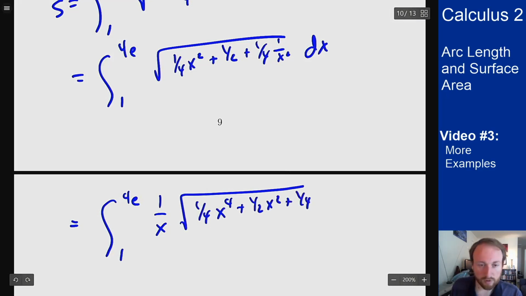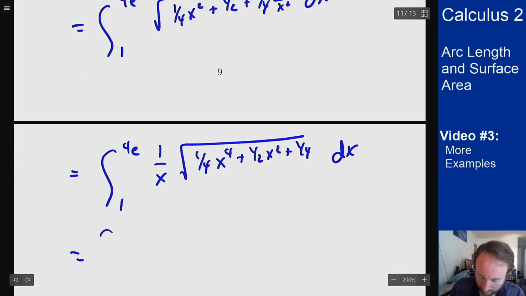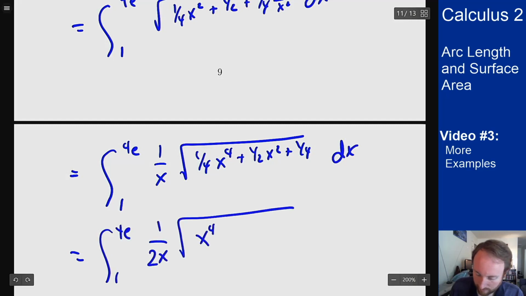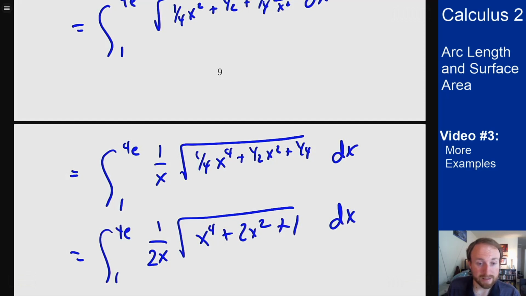I'll also move a 1/4 out from inside the square root to make it a 1/2 outside, giving me the integral from 1 to 4e of 1 over 2x times the square root of x to the 4th plus 2x squared plus 1. Now it should be obvious what that thing inside is: it's x squared plus 1 all squared.